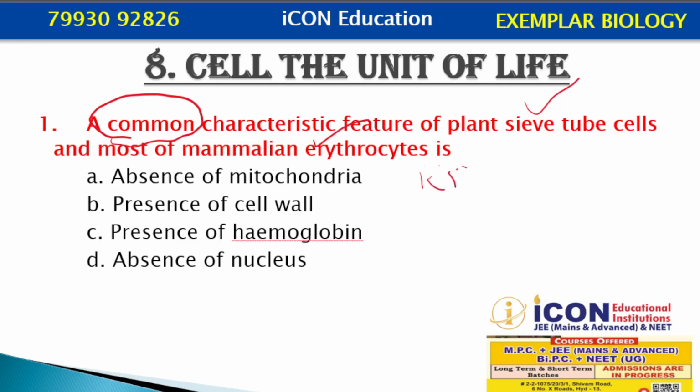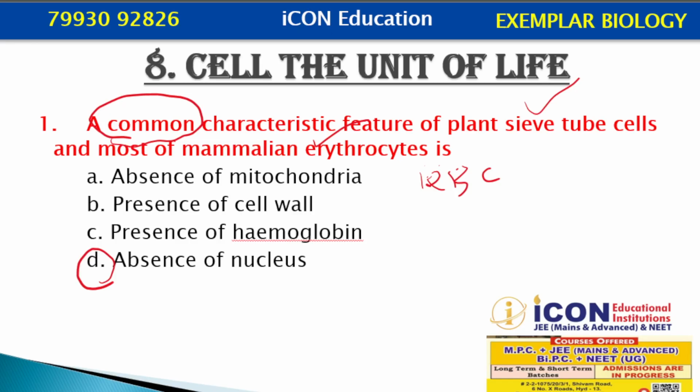Erythrocytes are nothing but RBC. So the common feature among both of them is absence of nucleus. Absence of nucleus is seen in both plant sieve tube cells and most mammalian erythrocytes.